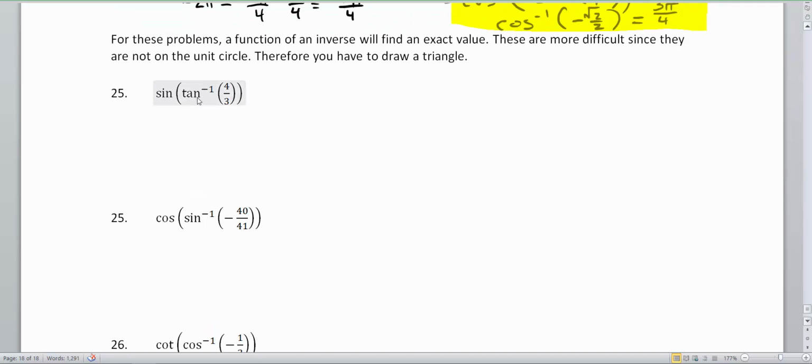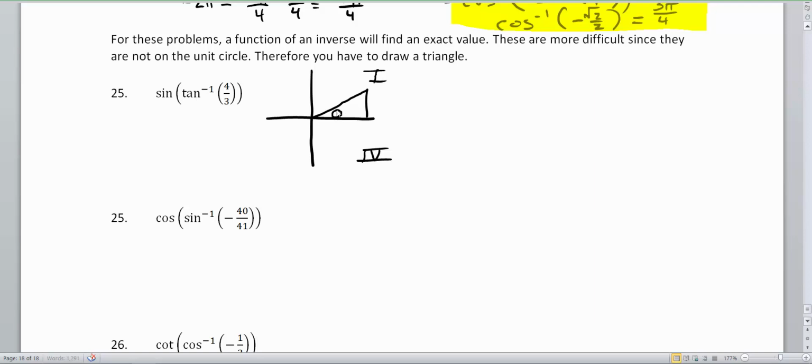All right, well, let's first of all handle this situation. This is the situation where the inverse tangent is 4/3. This is not on your unit circle. This inverse tangent is looking for a location, and 4/3 is not on the unit circle, but we can still handle this by drawing a triangle, because the tangent exists either in the first or fourth quadrant. The inverse lives here, first or fourth. And since everything's positive, this is going to be positive like so.